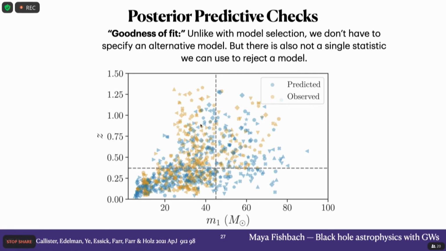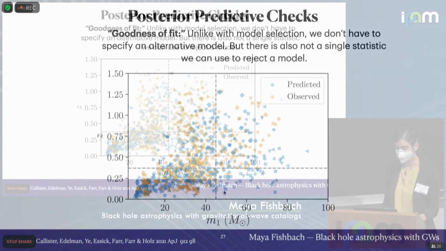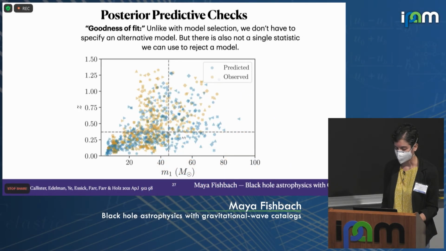And you can see here that the blue and the orange dots tend to be on top of each other. There's nothing really weird going on with our model, except maybe here at high mass and low redshift, where according to our model we should have some events a lot of the time, but we really don't have any observed events here at high mass and low redshift.